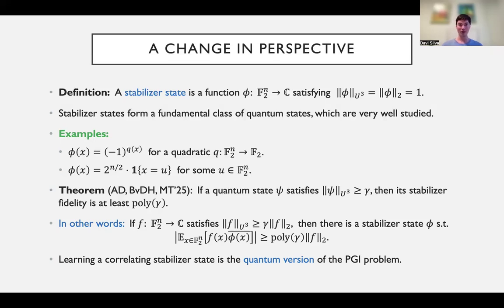And now we are in the L2 setting, so we have an L2 normalized function that has high U2 norm, and we want to get an L2 extremizer, which is a stabilizer state that has good correlation with the function f. So this is essentially the same question, but in a different analytic setting.